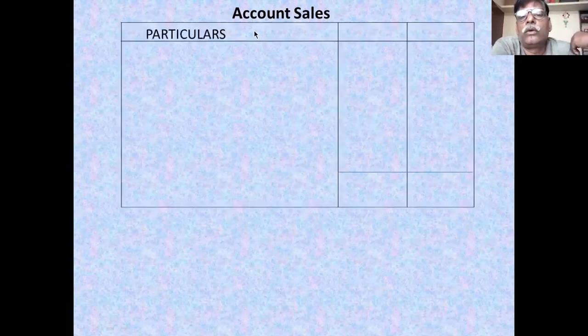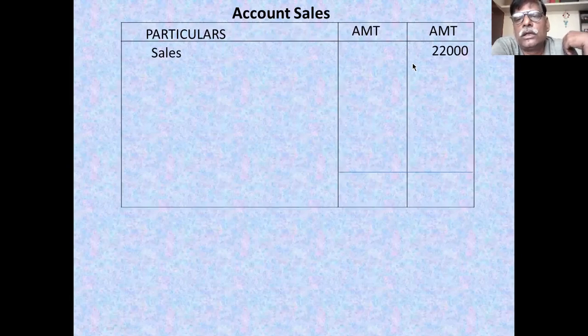First, account sale. This account sale is sent by the consignee to the consignor. So you make one particular column and two amount columns. First you take total sale. Total sale is 22,000. Then in the inner column you take three items.